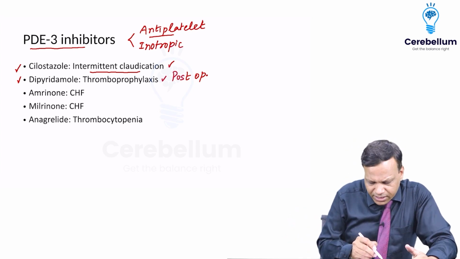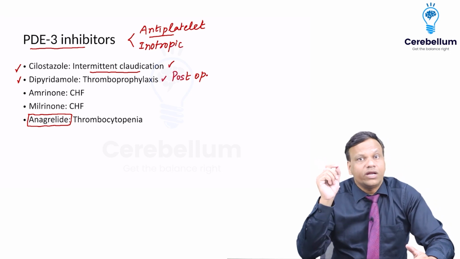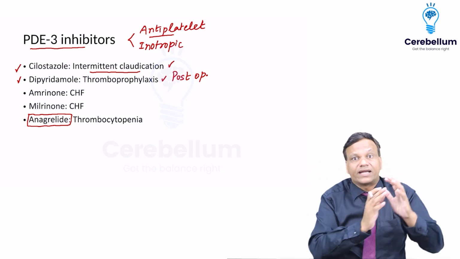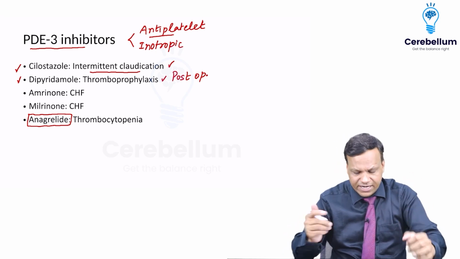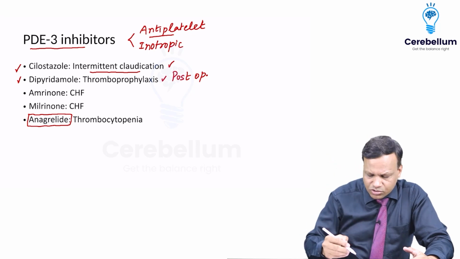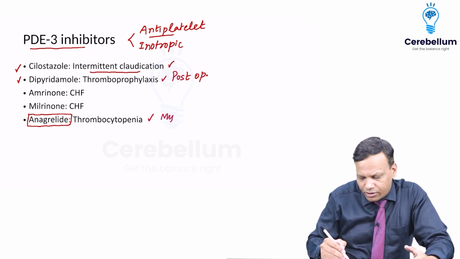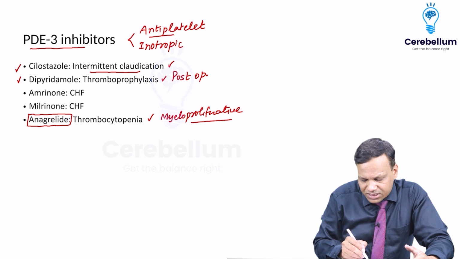Then we have another drug called anagrelide. Anagrelide not only inhibits platelet aggregation but also inhibits platelet death. The programmed death, or apoptosis, of the platelets is inhibited by this drug. So it is used in thrombocytopenia, particularly in myeloproliferative disorders, where thrombocytopenia may be seen.